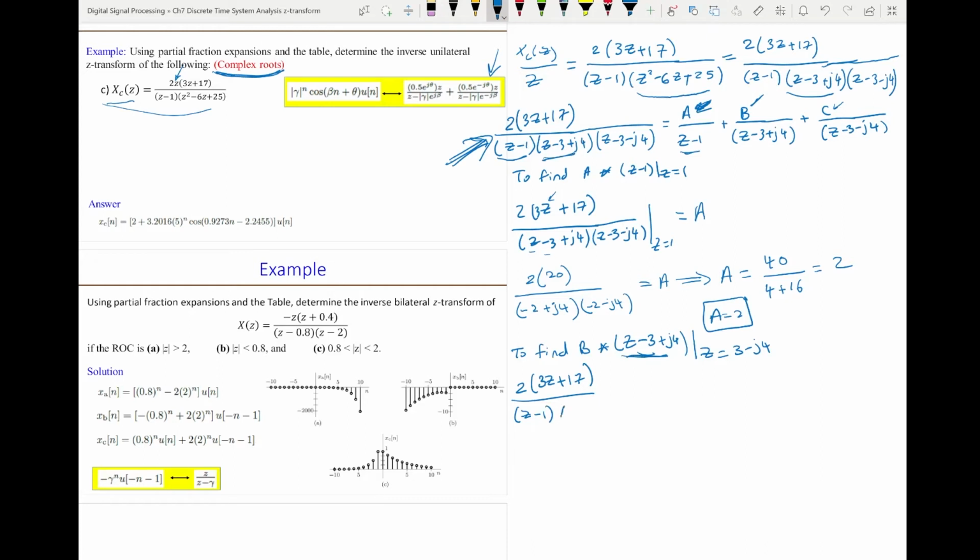So I will have only, and everything evaluated at z. Now when I multiply this A by this term here and then set z equal this, this will be 0. And also this term will be 0. So the only thing left here is B. So now let's plug for z this value.